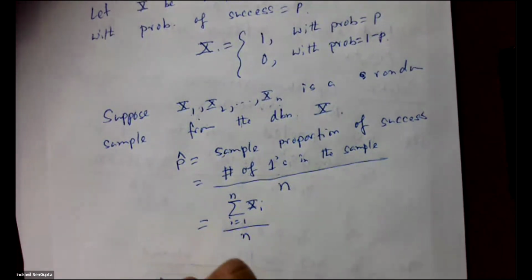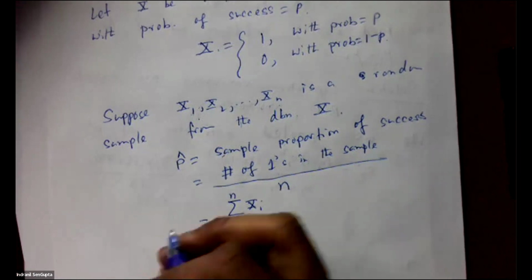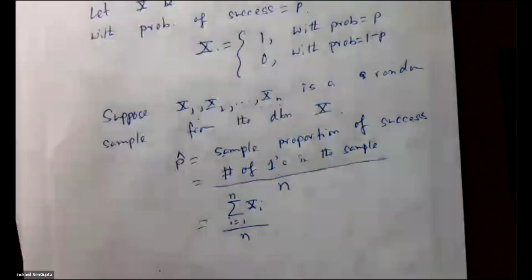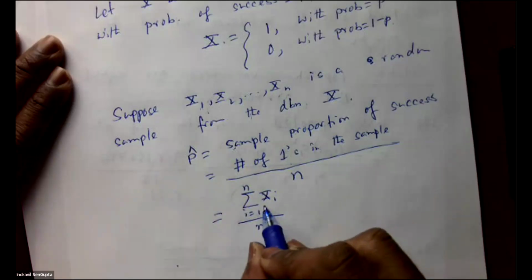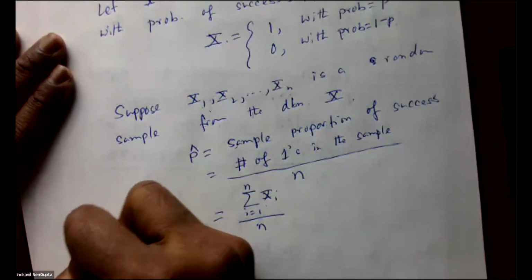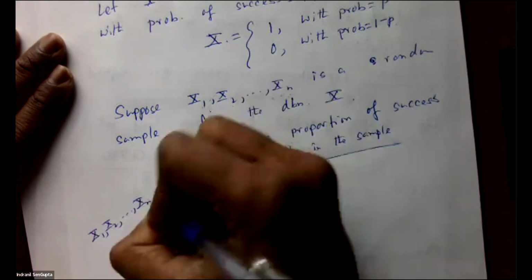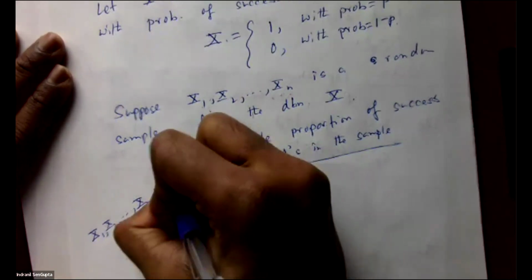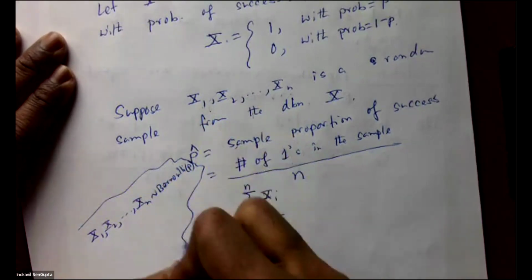Also, what is the variance? Now I can compute the variance from this expression. For those who forgot, x1, x2, etc. follow a Bernoulli distribution with probability of success p.